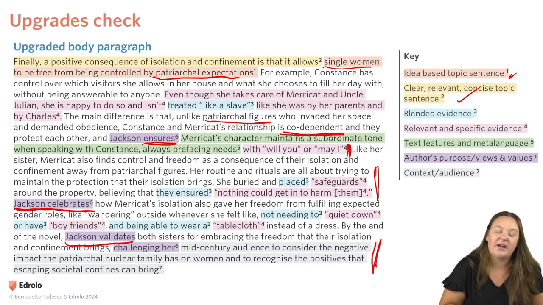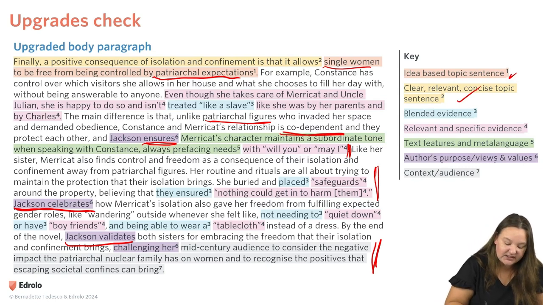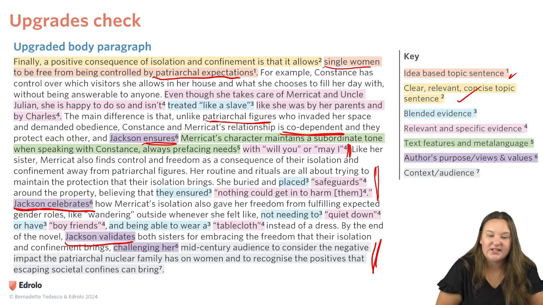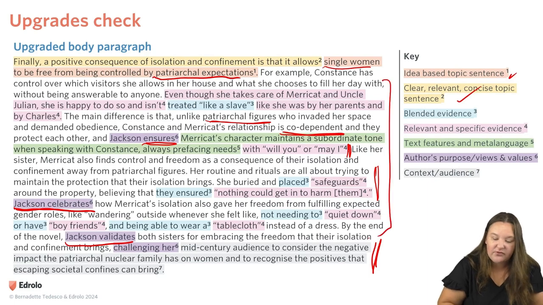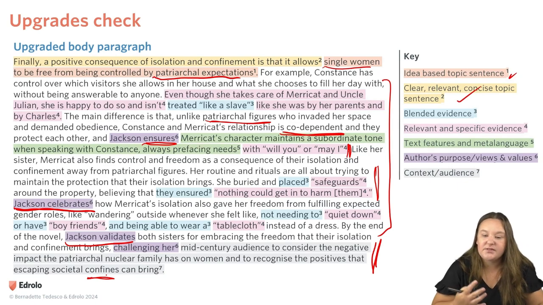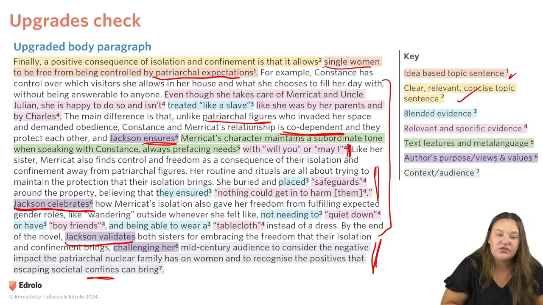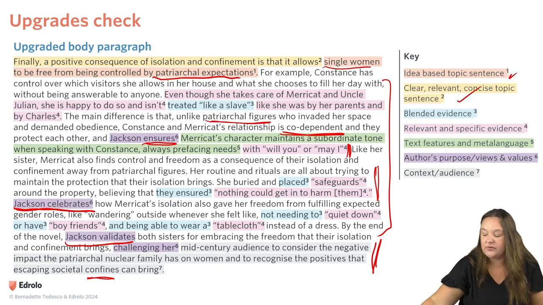I've already talked about how this contextual views and values final statement is a much stronger linking sentence because it connects to all of those examples and evidence that has been explored throughout the rest of the paragraph, and it also links really clearly back to that topic sentence about patriarchal expectations, and it really clearly links back to the positives of being confined. Hopefully that is a really clear example of how you can use these upgrading strategies to enhance the quality of your body paragraph.